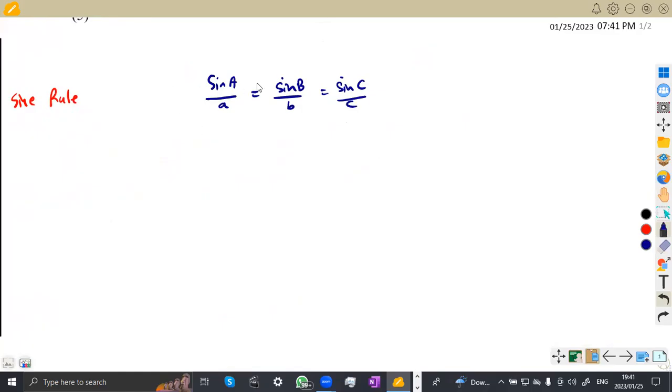This formula is best to use because we have capital letter A for the angle on the top. So this formula is best to use if you are calculating angles, because the angle is on the top. If you are calculating sides, it's best for you to use it as A over sine A is equal to B over sine B is equal to C over sine C. You just interchange, A on top, B on top, C on top, just like that.